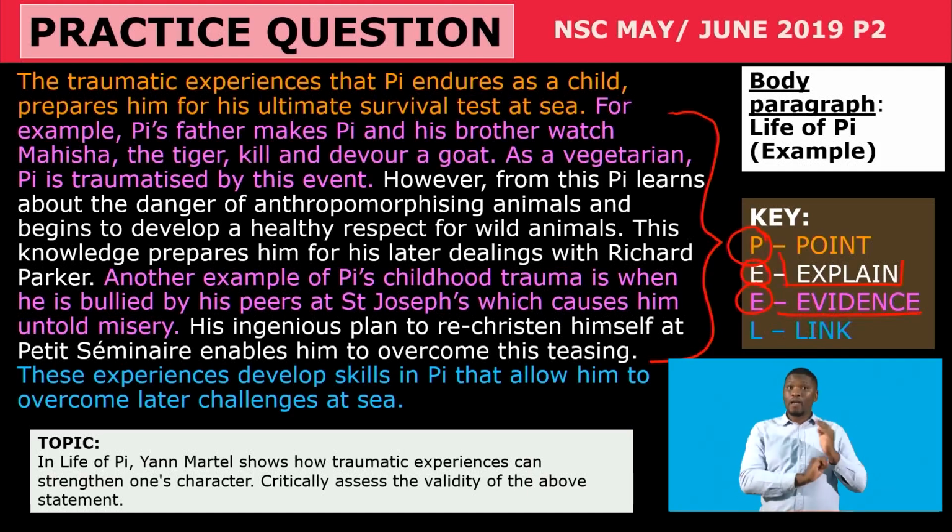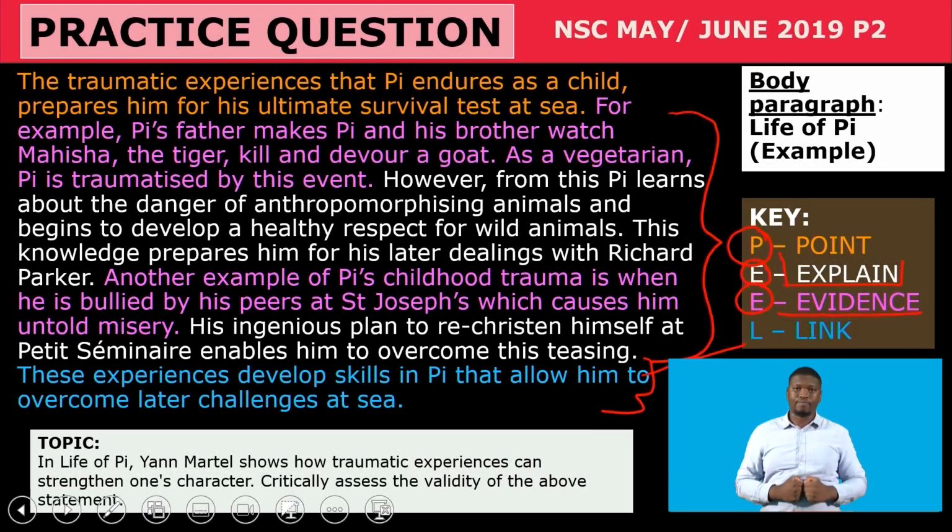These experiences develop skills in Pi that allow him to overcome later challenges at sea. So here at the end, we are linking it back to our thesis statement. Now, just one last thing. You may not know an exact quote to use to support what you have stated within your body paragraphs. You are then allowed to paraphrase or refer to a specific moment within the novel to back your claim.